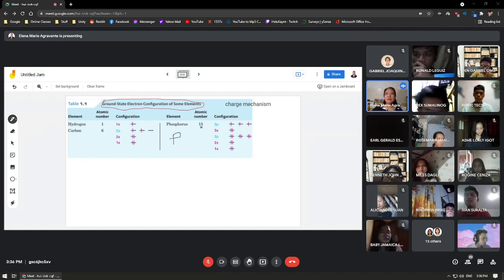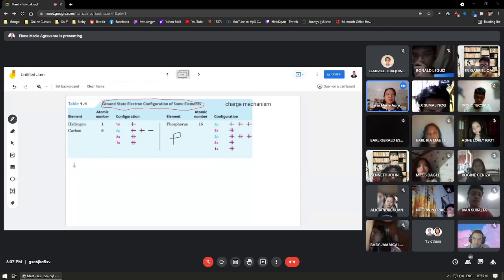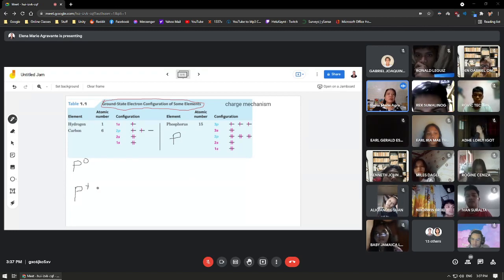And then you have the atomic number, which is 15. And here is how it is being distributed. Now, one species for phosphorus is the neutral phosphorus. You might say capital P only or P with a 0. So that's neutral phosphorus. Another one is P positive 3.